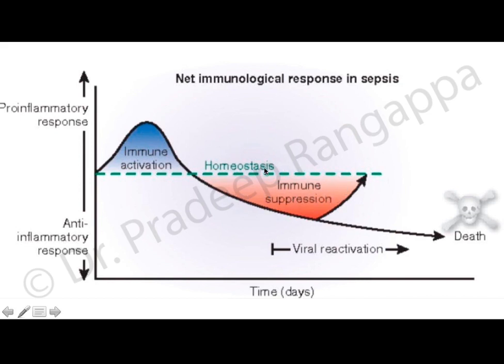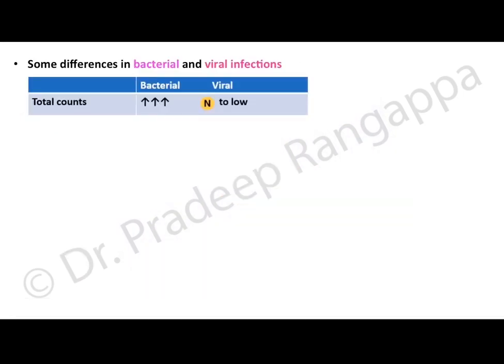That is where you see more of immune suppression, what we call compensated anti-inflammatory response syndrome. It is found that it is in this phase there may be viral reactivation that tends to happen, which may lead to death. This is also something we need to keep in mind, because in any sepsis there is this immune suppression that sets in. That is where the dormant viruses tend to get activated, which leads to other deleterious effects.